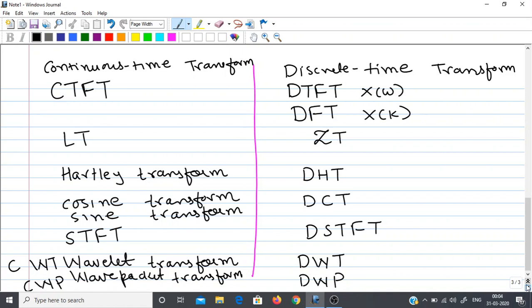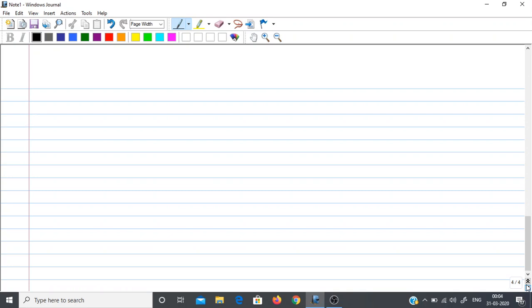Now, these transforms can also be classified as linear and non-linear transforms. Till now, the transforms which I have listed are all linear transforms. Now we can have some other transforms, which I can put in the category of non-linear transforms. Again, here I will mention transforms for continuous time signals, and on the right hand side I will mention transforms for discrete time signals.